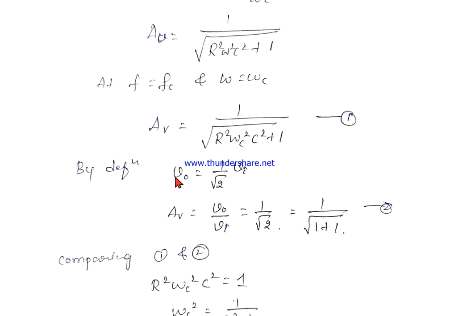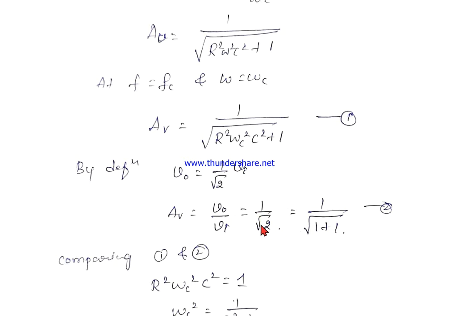By the definition, at cutoff frequency the output voltage V naught will be equal to 1 over root 2 times the input voltage. So the voltage gain will be V naught by Vi, taking Vi into the denominator of the left hand side.